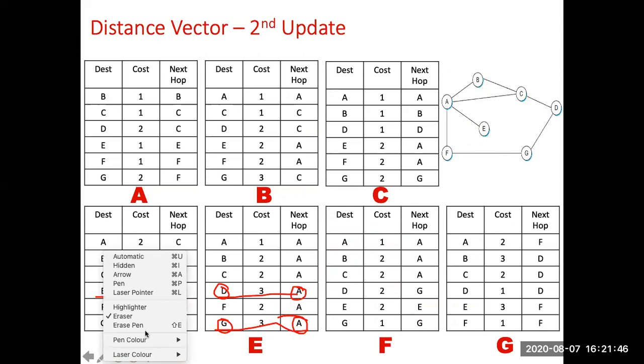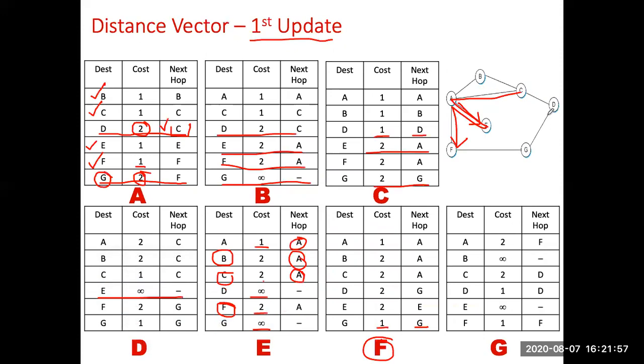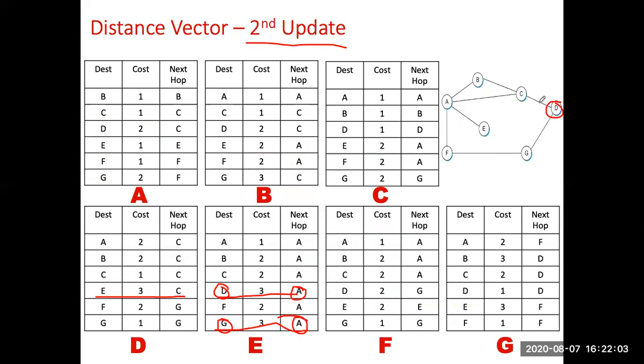Now we are talking about the node D, and this is the second update. We know that in the last update for D, E was unreachable. Now we know that E can be reached through C.